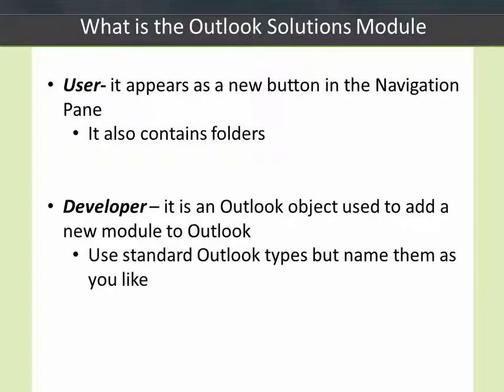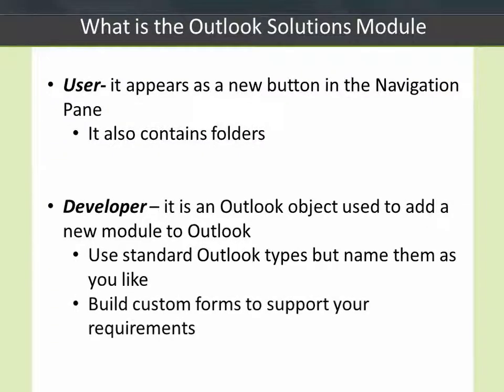When we create these folders, we still have to utilize the Outlook item types and then customize the forms however we like within the solution. We also can add our own icons to the folders, so we give them a bit of their own look and feel so that, at least to the user, they appear as different types, and we can control that through code. We also do that by building custom forms that support our requirements.